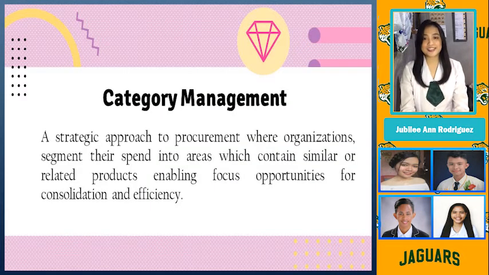Category management is a strategic approach to procurement where organizations segment their spend into areas which contain similar or related products, enabling focus opportunities for consolidation and efficiency. As demand principles have become more important to supply chain initiatives, the category management process has increased in popularity.